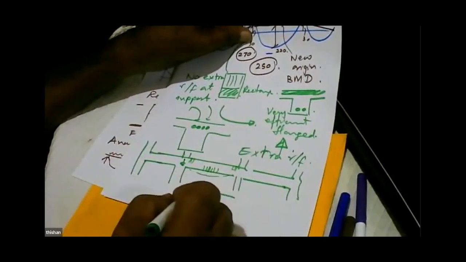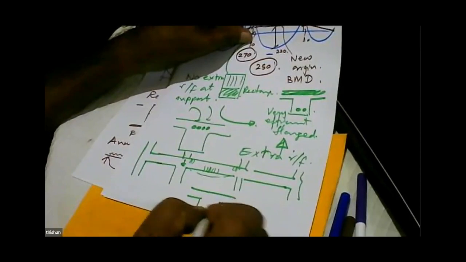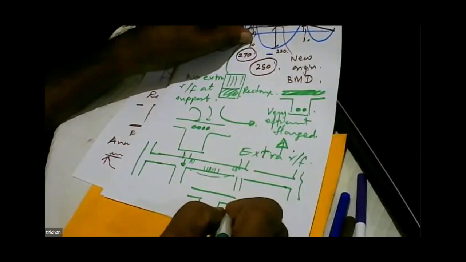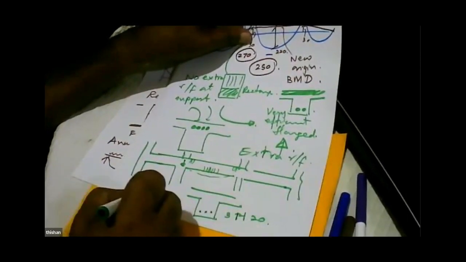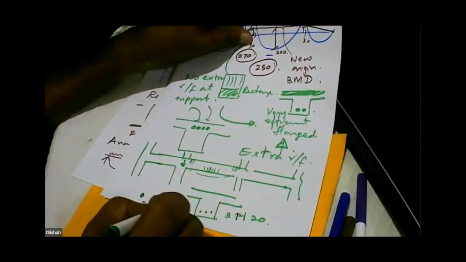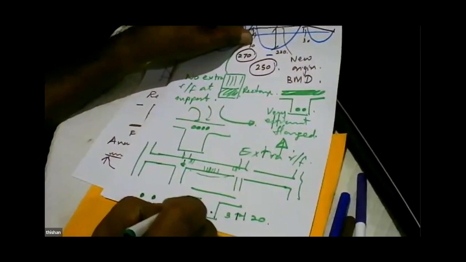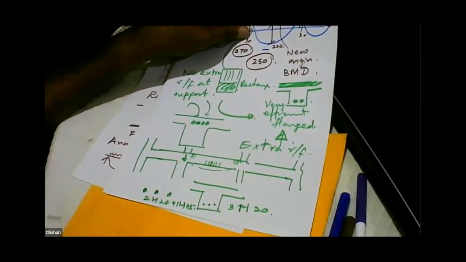So when you do it in the flange beam, you do all your calculations, simply reinforce because it's flange, and you need 3H20. You provide 2H20 plus 1H20. Why? Because even if the beam is overloaded, what will happen?